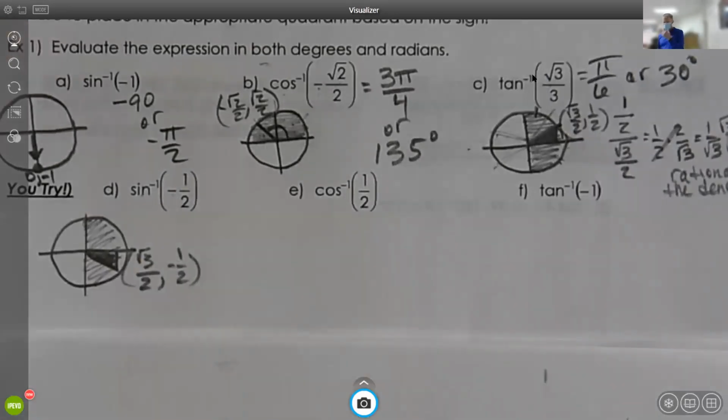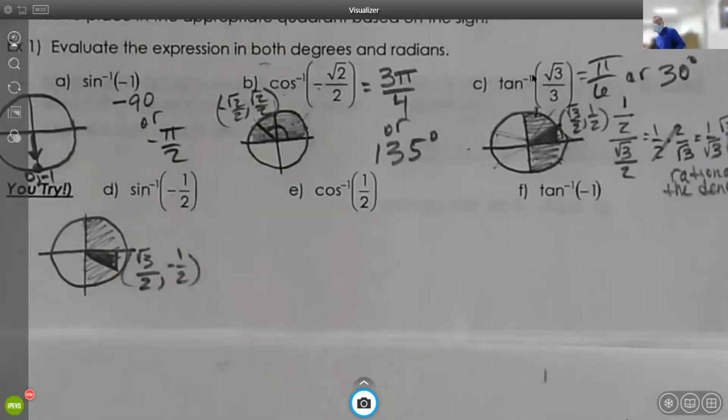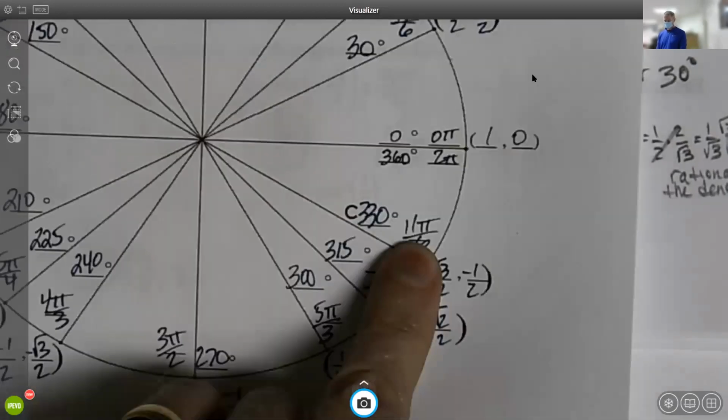So that would have to be the coordinates of the angle. That's what you have to figure out. Where is this y value, negative 1/2? And now you've got to think about where that is. And if you're really good at the unit circle, you know that that is 11 pi over 6. That's 11 pi over 6 over here.